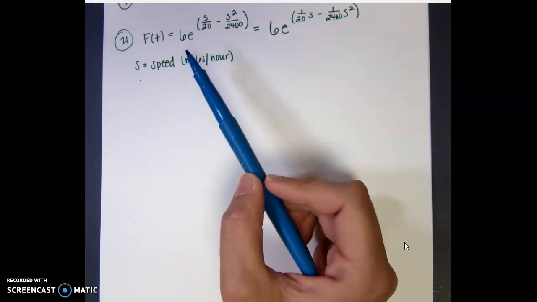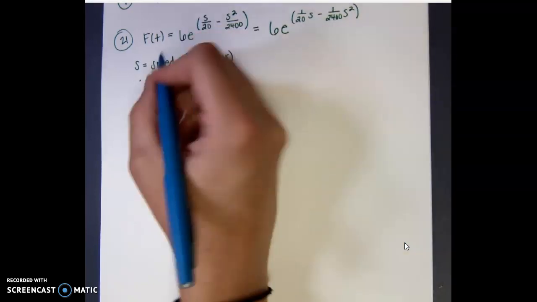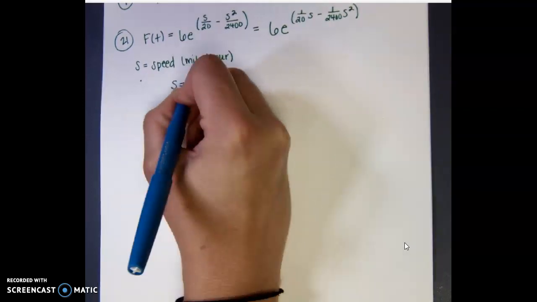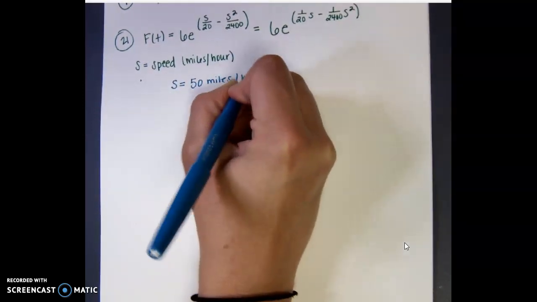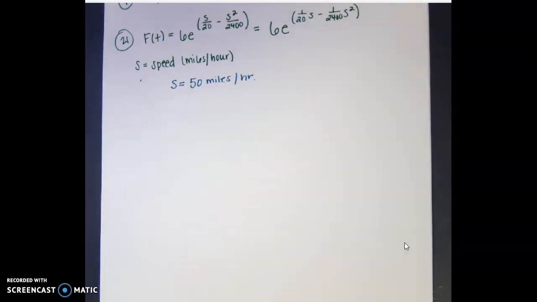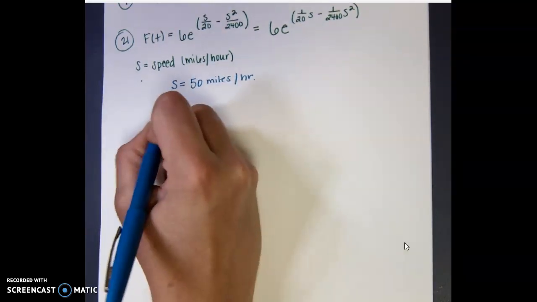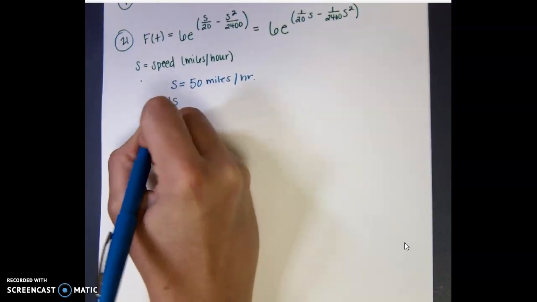It tells you that we have a car that is traveling at 50 miles per hour, so the s for the car is 50 miles per hour. And its speed is changing at a rate. Because it says that word rate, that means that's the derivative. So remember, this is a related rates problem.